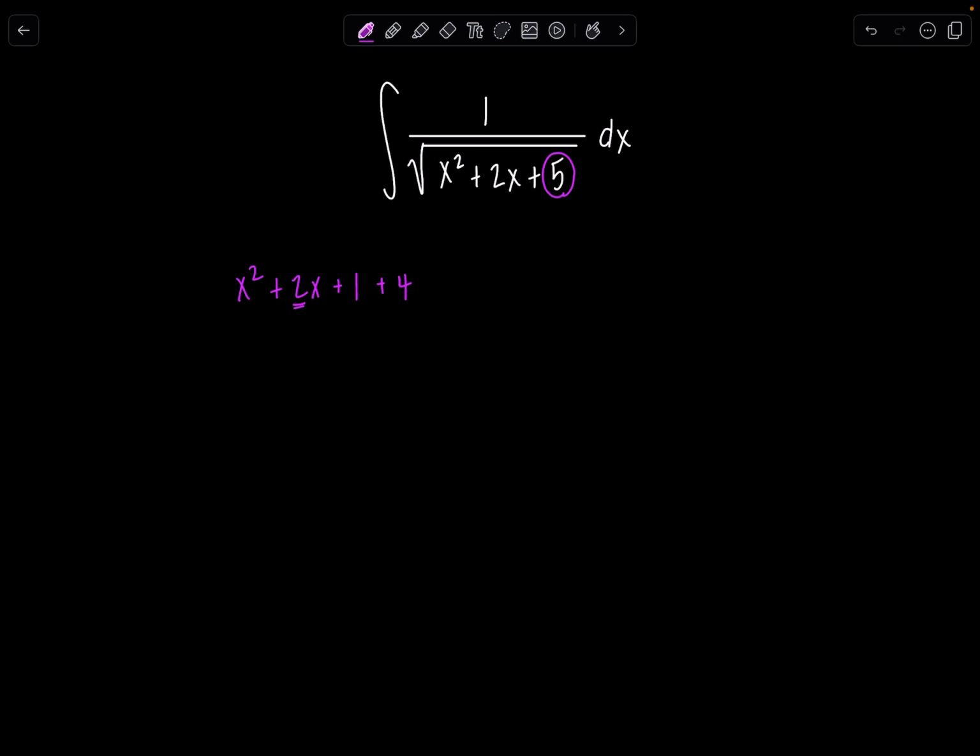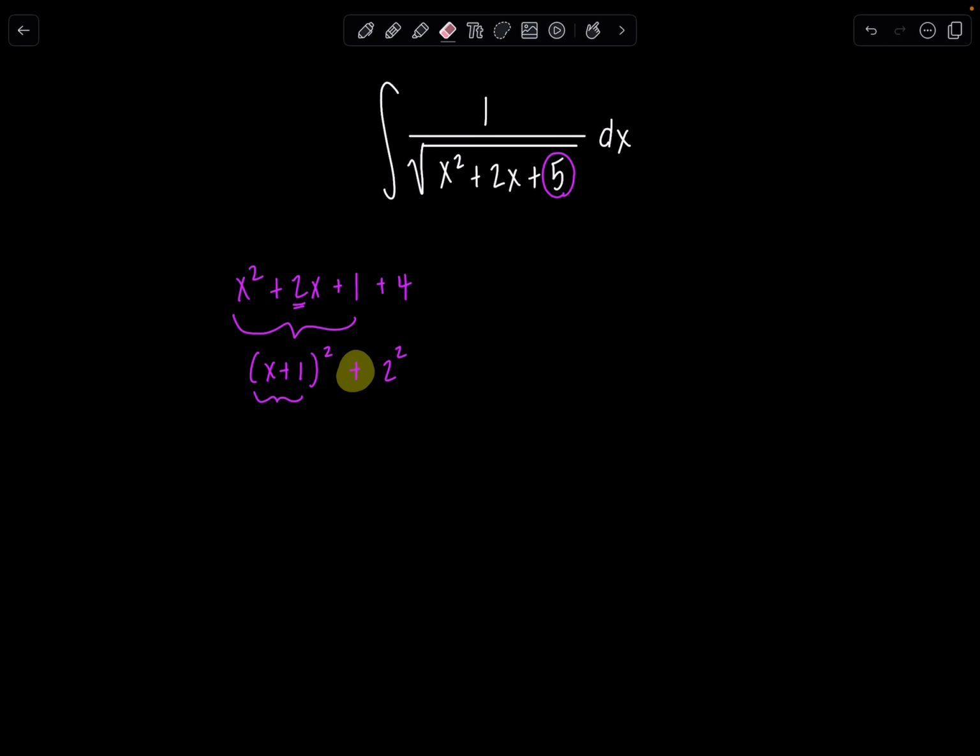Sound good? And then I can factor this into the quantity x plus 1 squared. And then whoever wrote this problem loved us and they were looking out because 4 is also a perfect square. That's 2 squared.